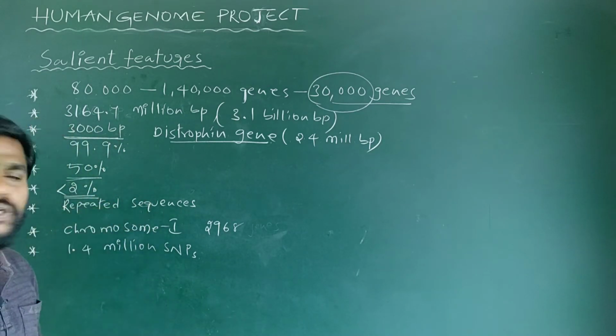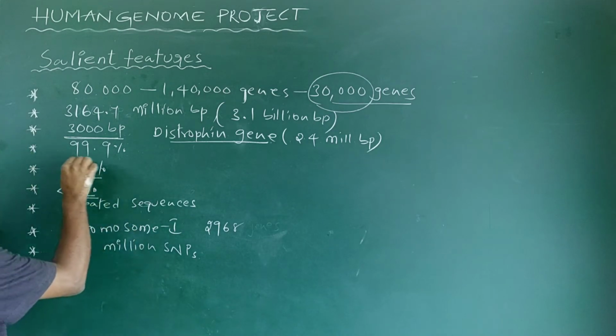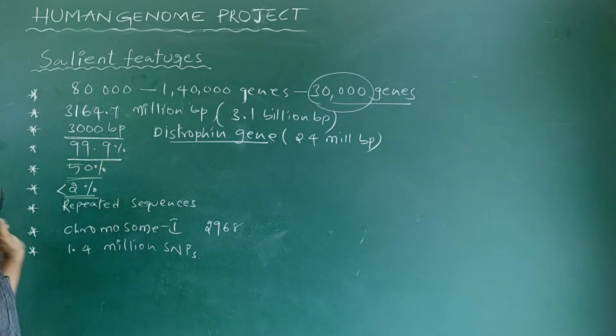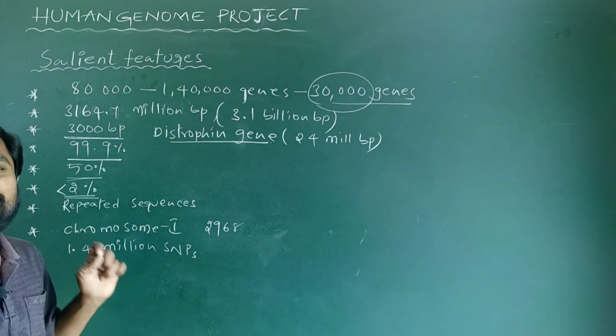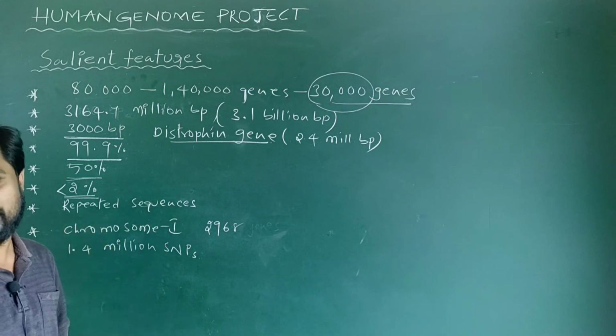Human Genome Project also revealed that 99.9% of the genetic makeup in the individuals of a population is similar.